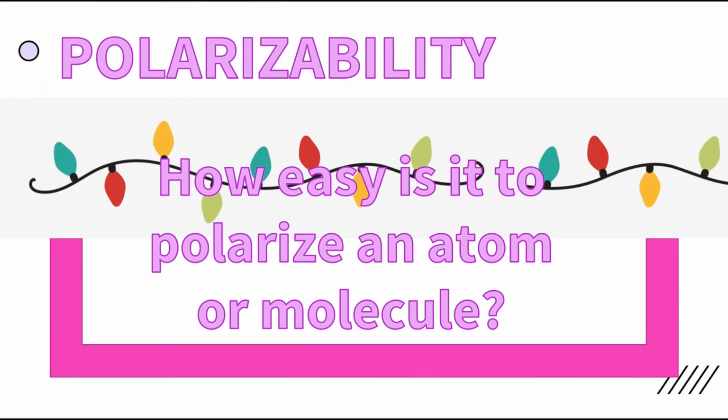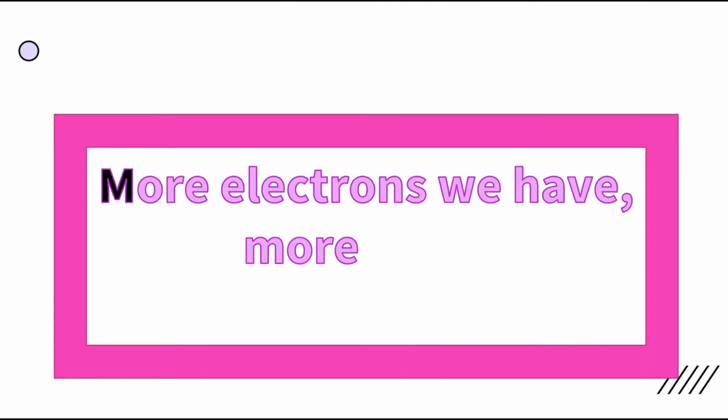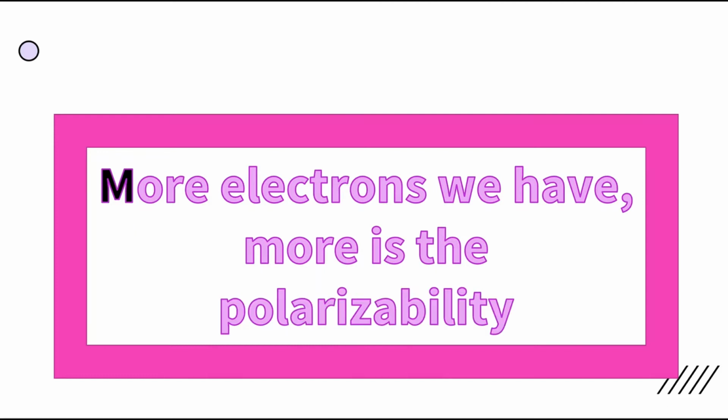Generally, the more electrons you have, or the larger the electron cloud, which is usually associated with the molar mass or the atomic size, the more polarizability you have.